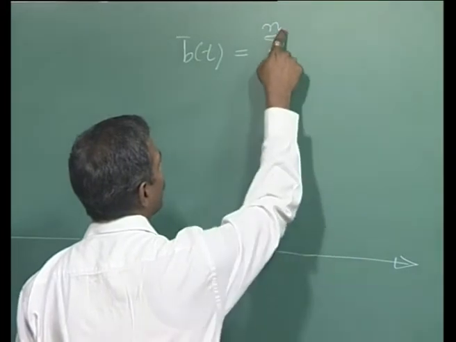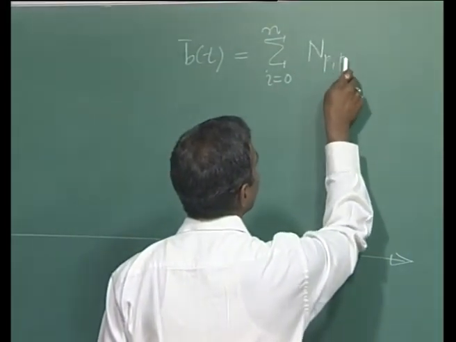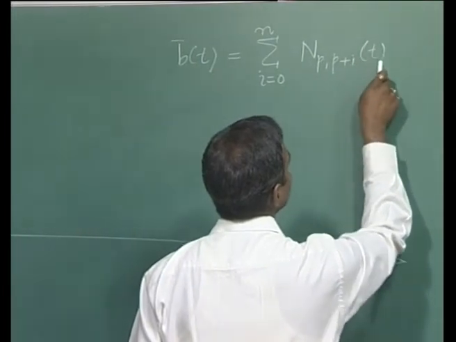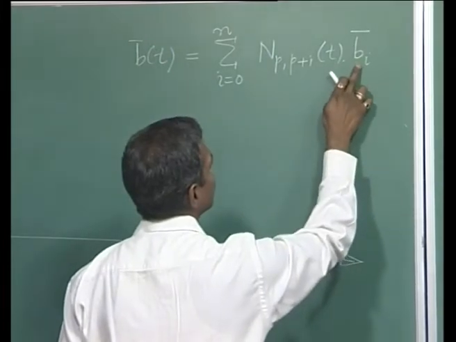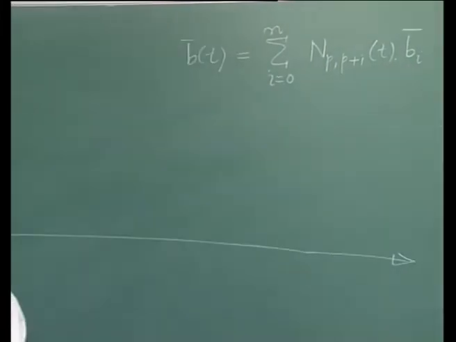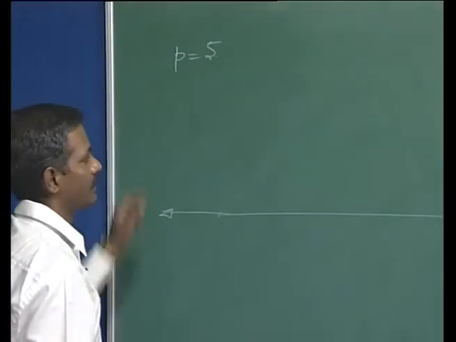These are the n plus 1 design points. N_{p+i} of t times b_i. These are the design points that you have specified. As I said, we are working with p equals 5.